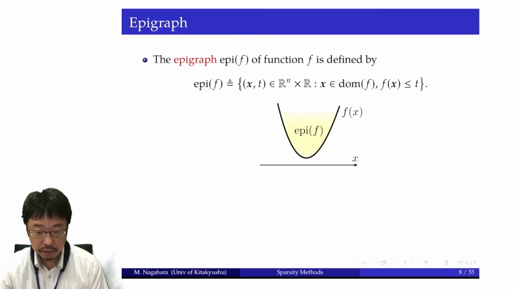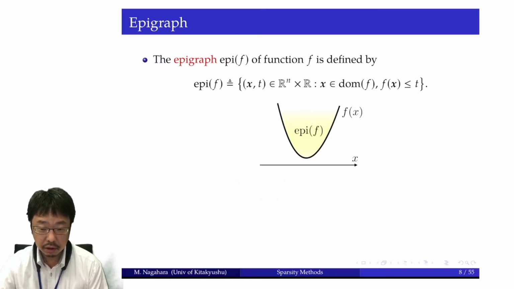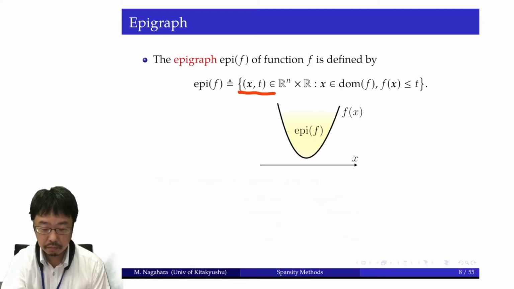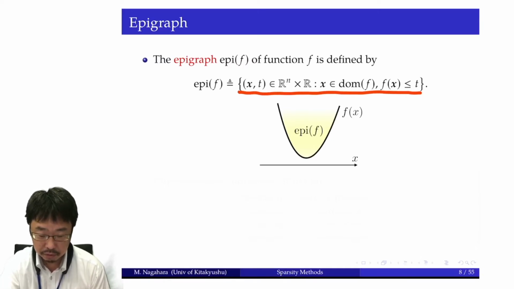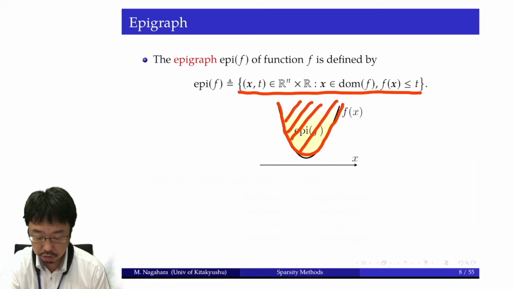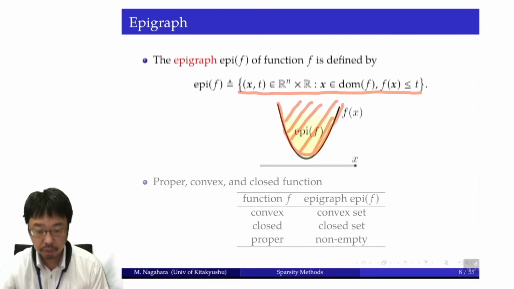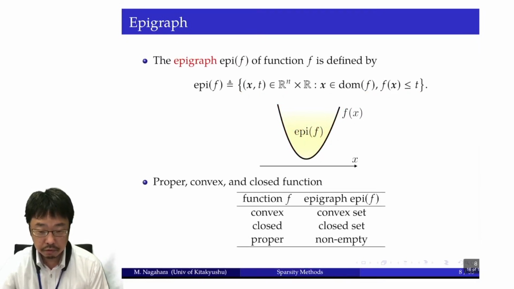The epigraph is also important in convex optimization. The epigraph epi f of function f is defined by this. That is, the epigraph is the region above the graph f of x, like this. So, this region is the epigraph. We can define some properties of a function by using its epigraph.